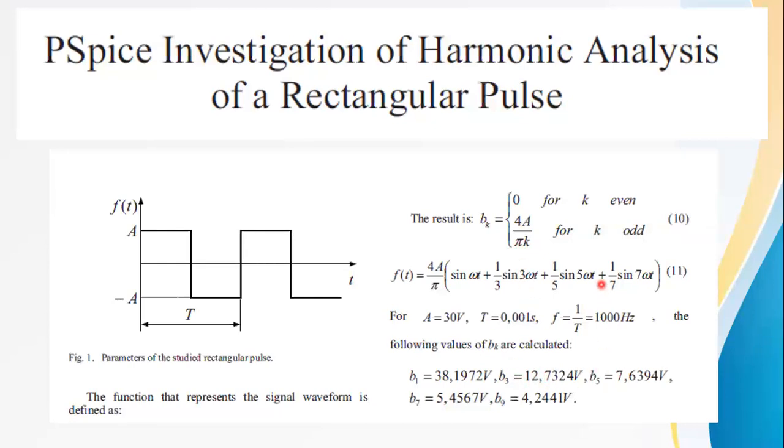That is the fundamental harmonic voltage, 38.1972. Similarly, B3 by substituting k equal to 3, with the same A equal to 30 and T equal to 0.01. Like this, substituting different values of k, we will get the fundamental harmonic voltage, third harmonic voltage, fifth harmonic voltage, seventh harmonic voltage, and ninth harmonic voltage. These are the different harmonic voltages.